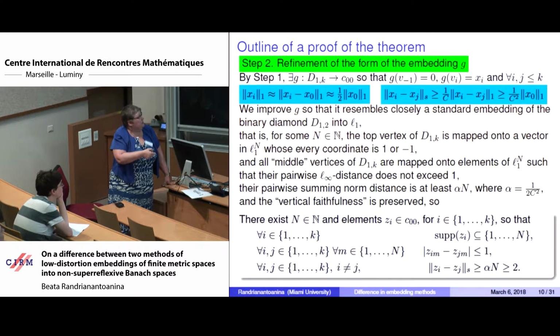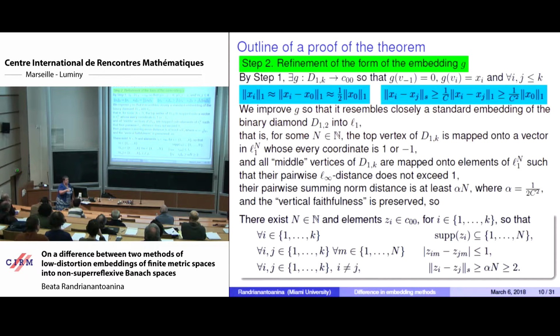Here I even ignore the top vertex and the bottom vertex, I just talk about those middle vertices. So each of them has finite support, and the totality of them has a finite support.